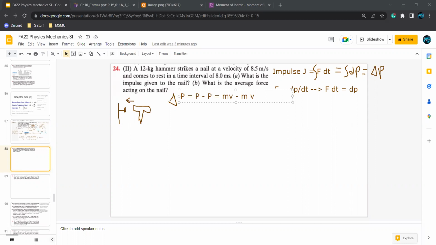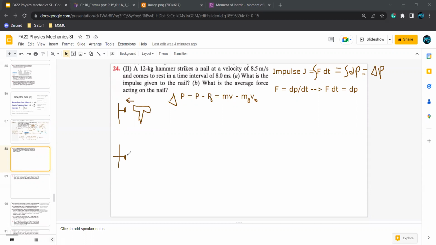You don't normally write the one. So this is the initial up here. And then after it strikes it, we need to imagine this: the nail will probably have gone into the wood a little bit. And so any energy that was input into the nail doesn't turn into kinetic or potential energy, it's deformation.